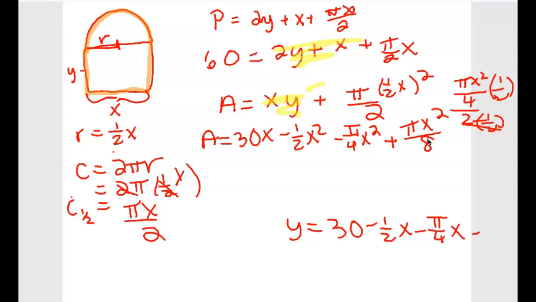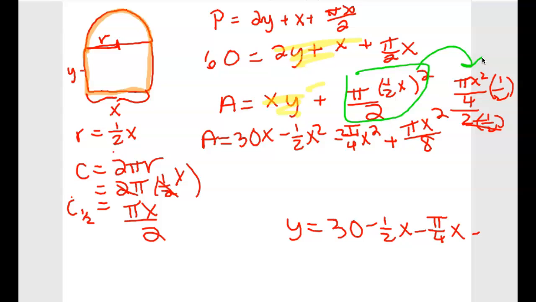You could combine the pi x squareds right now if you wanted, because technically this is like minus 2 pi x squared over 8. Wait, I'm confused on why it's 8. I took this and multiplied it all out.